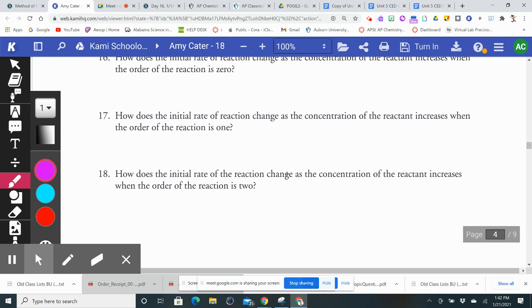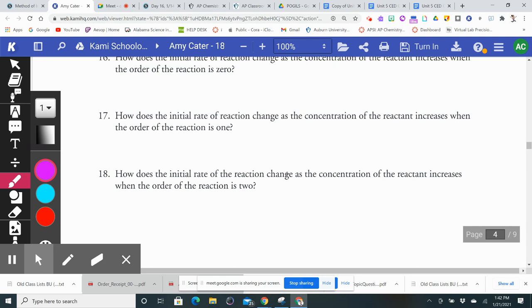How does the initial rate change as the concentration of the reactant increases when the order of the reaction is 2? I thought it was going to be double, but they're saying look at the last column. So if you increase the concentration, what happens to the rate when it's second order? It increases exponentially, or quadruples.